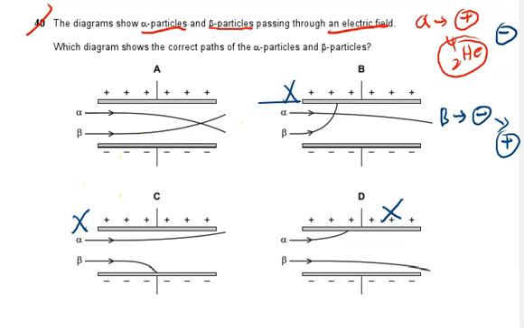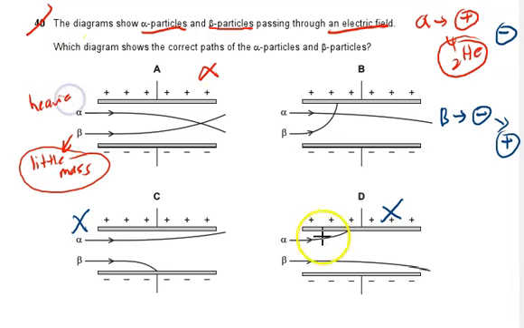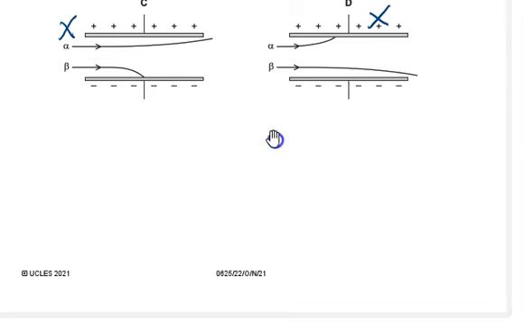Your most possible answer is B, because in A, even though the direction is correct, it's still wrong, because the beta, an electron, is very light, little mass, but alpha is much heavier.